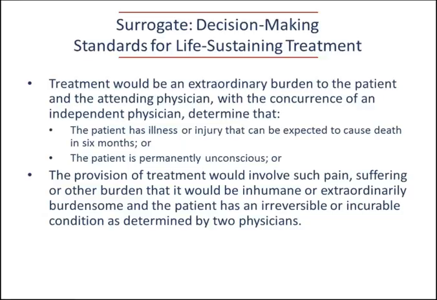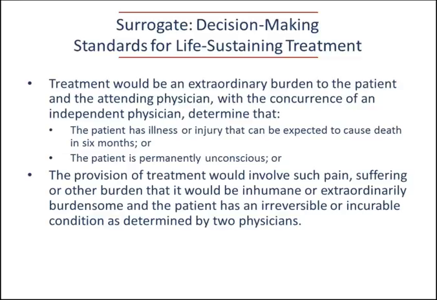With respect to decisions concerning life-sustaining treatment, there are some very specific criteria that must be met, and that's on slide 35. If there's going to be a decision about the withholding or withdrawal of life-sustaining treatment, and DNR is considered by definition life-sustaining treatment, the patient must meet one of these two standards.